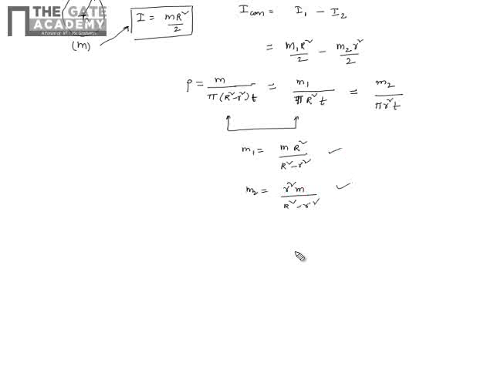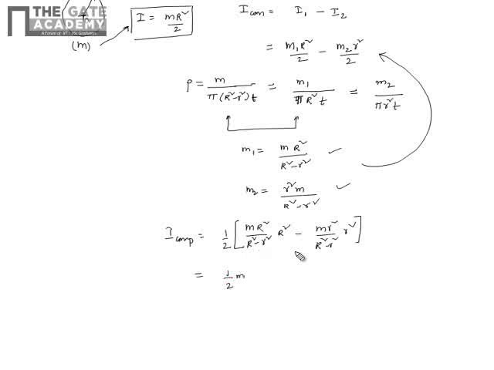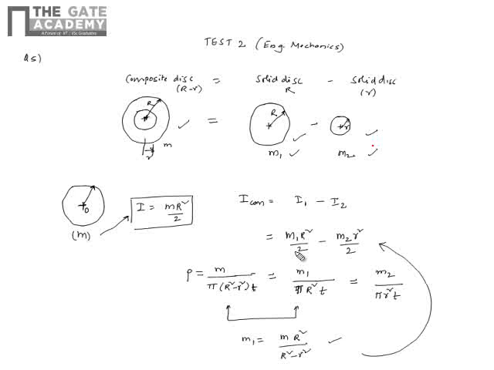Now if I substitute these two in this, I will get the moment of inertia of the composite disk. So half m1 is M R square by R square minus r square times R square, minus m2, which is m r square by R square minus r square times small r square. Let's see what I get. So half m, because this m is the mass of the composite disk, don't confuse, because this mass will be different than this mass.